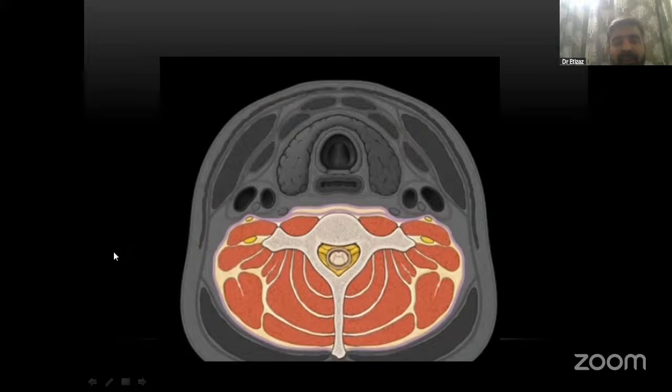I told you that these are the pretracheal muscles. This is the thyroid gland. This is the trachea. This is the esophagus. Okay. When the anatomy is good, all things will be good for the neurosurgeon, any type of neurosurgeon. This is the trachea, esophagus, thyroid gland, pretracheal muscles. Later on, we'll see what these two are.